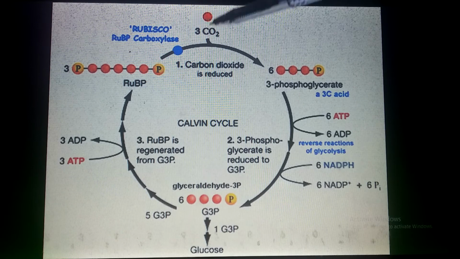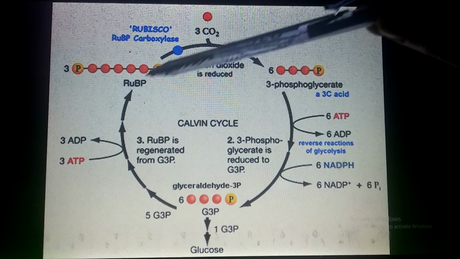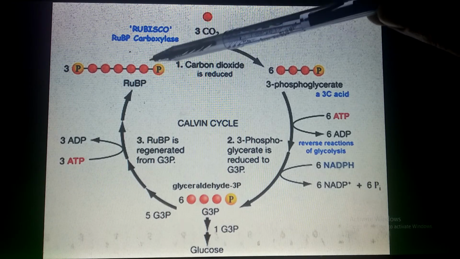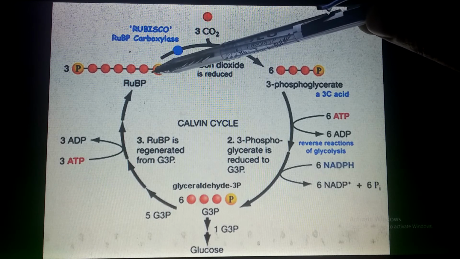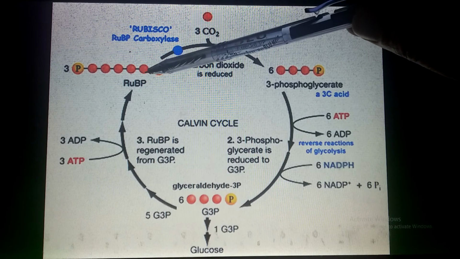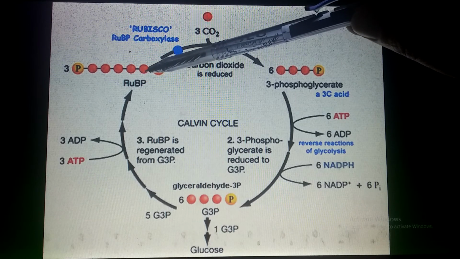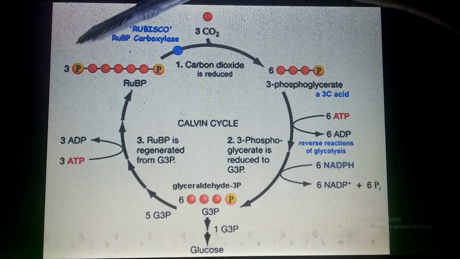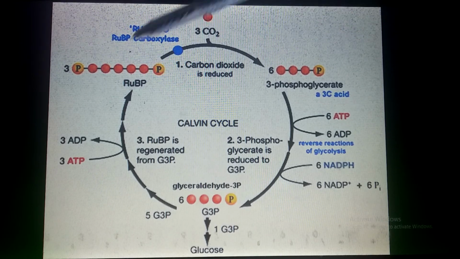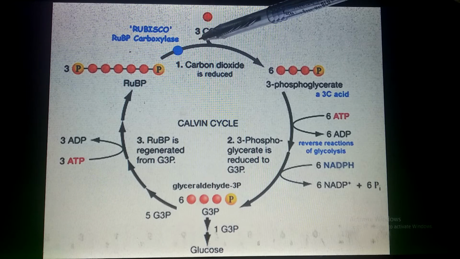RuBP is a 5 carbon compound. How many carbons are present in the RuBP? 5. So 3 molecules mean 15 carbons here and 3 carbons here.